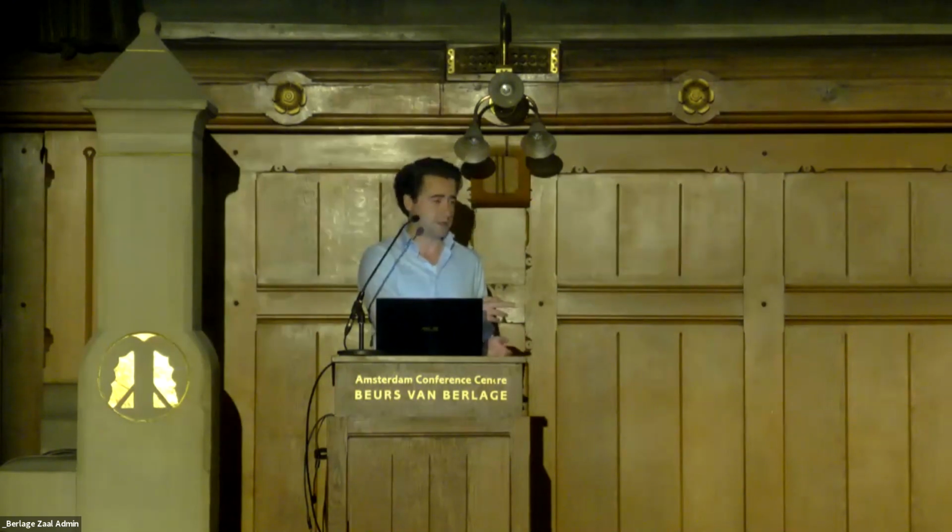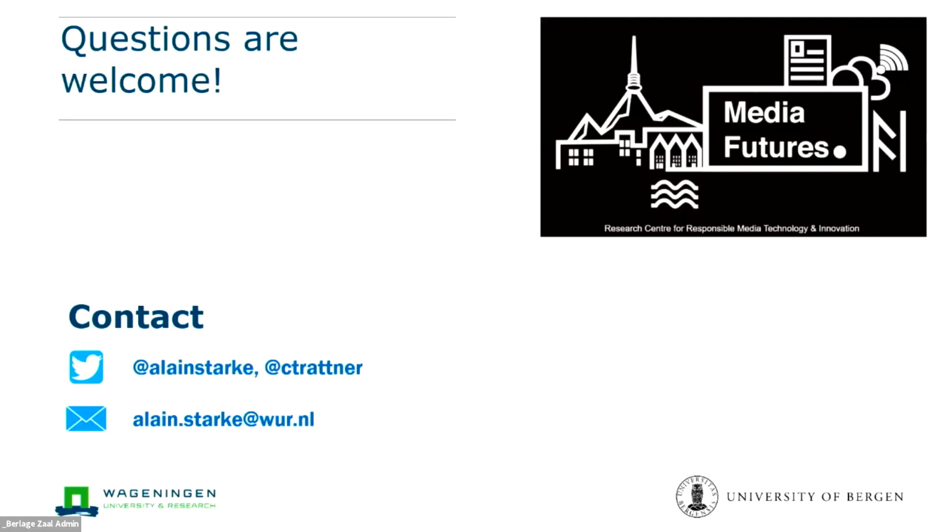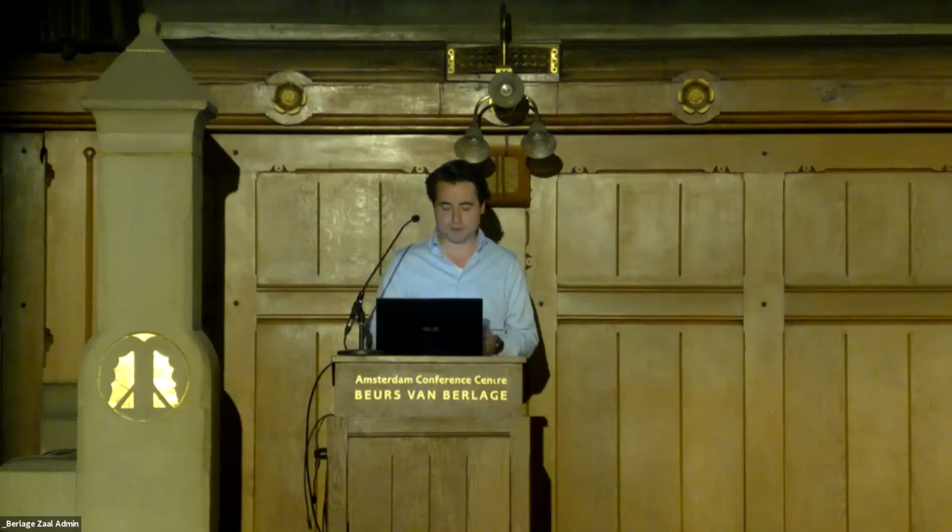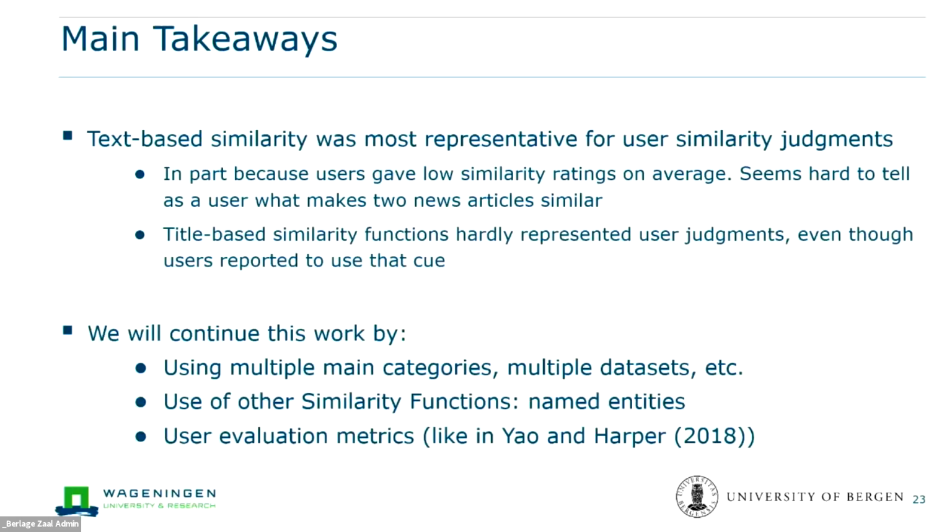One of the studies that I cited on the very last slide, from Zhao and Harper, showed that if two things were more similar according to user similarity judgments, then a user's level of satisfaction would also be higher. So if we could find which features are the most important or most representative, we could maybe increase satisfaction of the users when we use that in a recommendation scenario, compared to using less representative features.